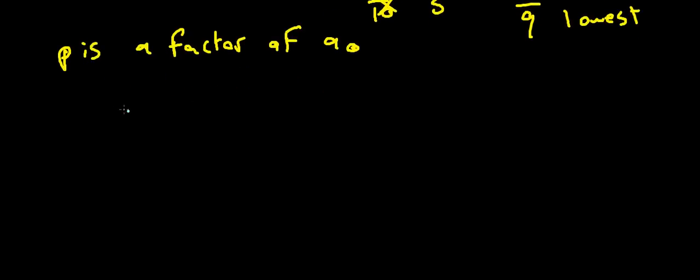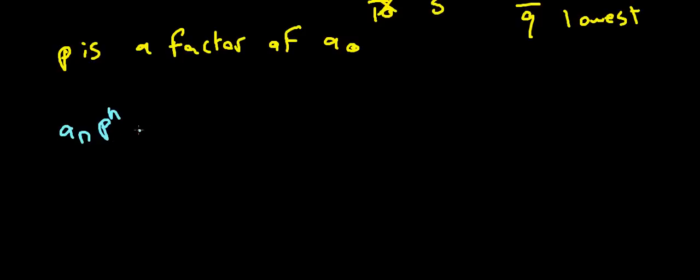So we're going to write our equation back at the point where we had just multiplied everything out by q to the n. So we have a_n p to the n. I did it again, it's so tempting to do.